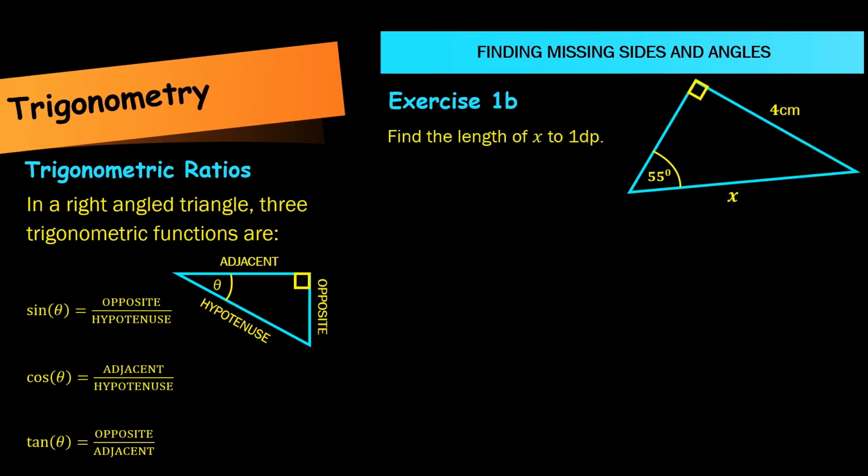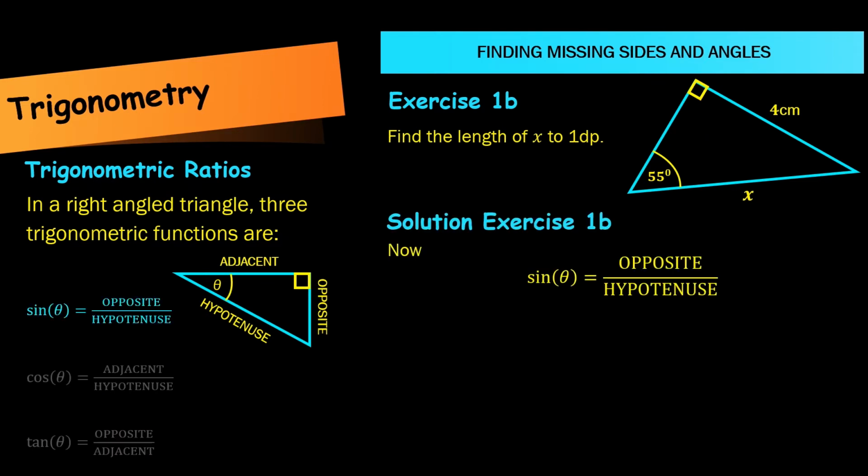Now let's have a go at exercise 1b. Find the length of x to one decimal place. So we have an angle, and we have the side opposite to it, which is 4 centimeters, and we're required to find the hypotenuse. So if we want to solve this, we're going to use the formula sine theta equals opposite over hypotenuse.